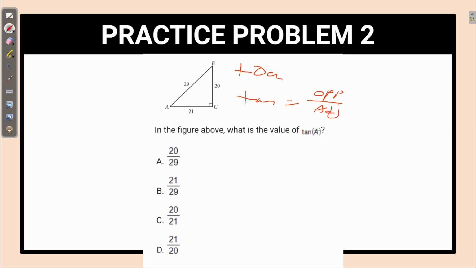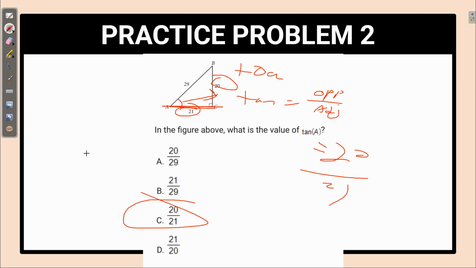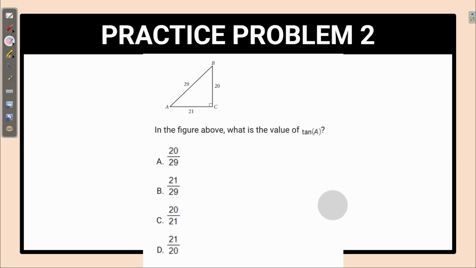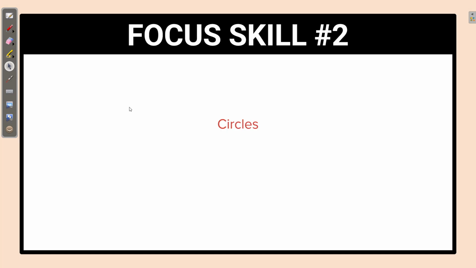So tangent of A, this is what we're looking for, is going to be the opposite side, which is 20, over the adjacent side, which is 21 here. So this one is pretty simple to solve, just 20 over 21. C. Okay. Now, the next question is going to be dealing with circles.